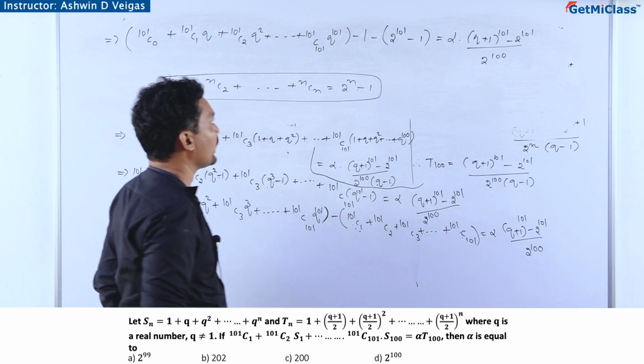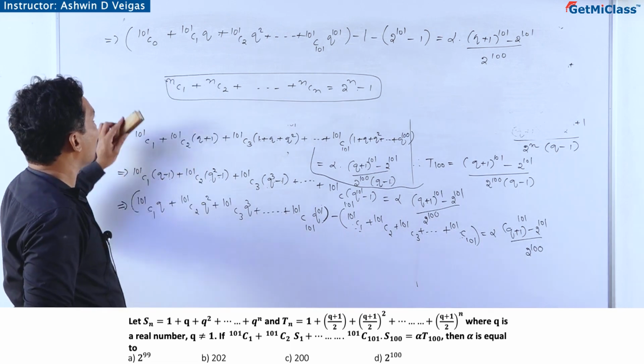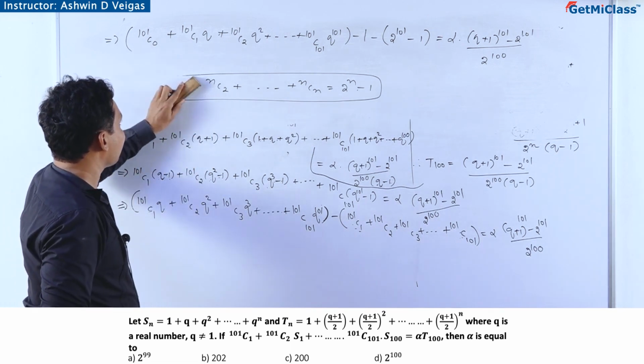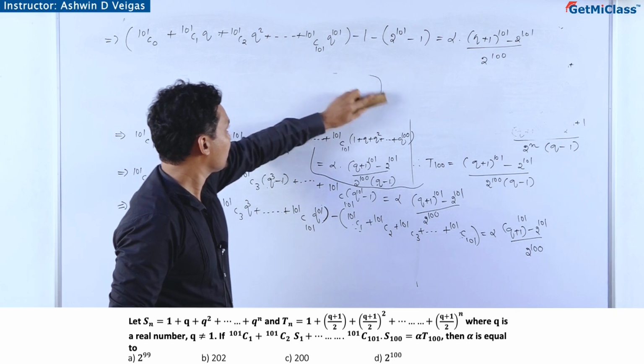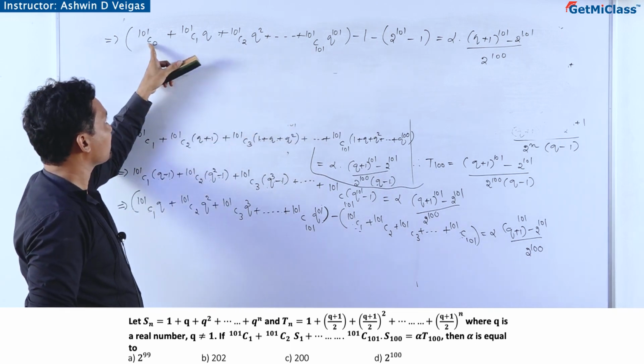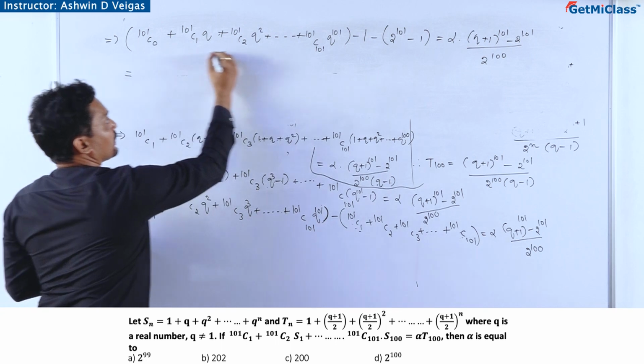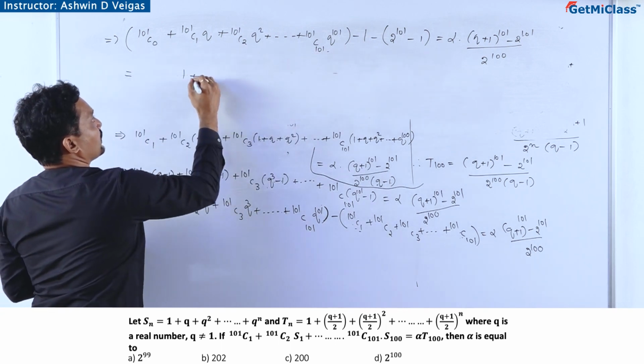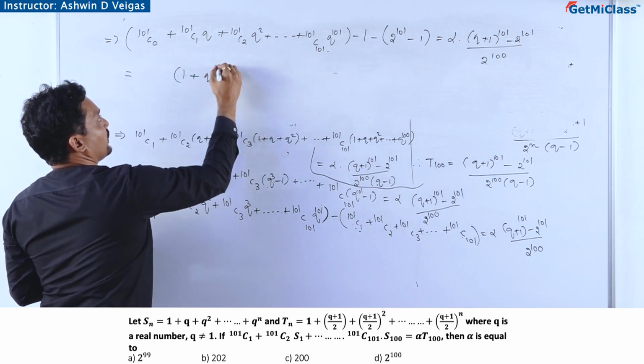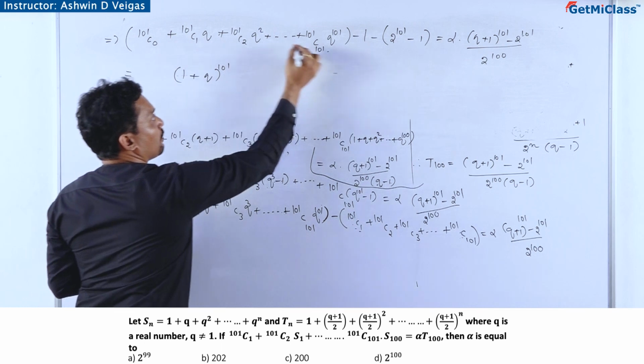Okay, so now if you look at this expansion, it can be written as 1 plus q. This expansion here is nothing but 1 plus q power 101, the complete expansion.